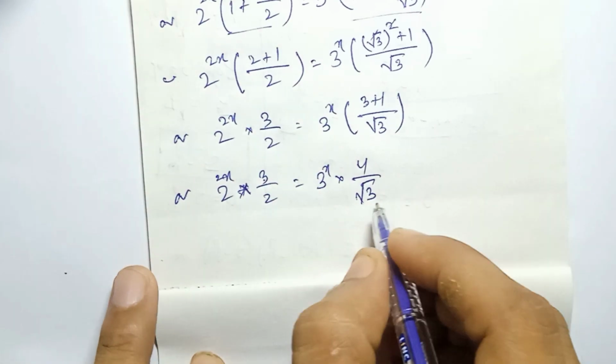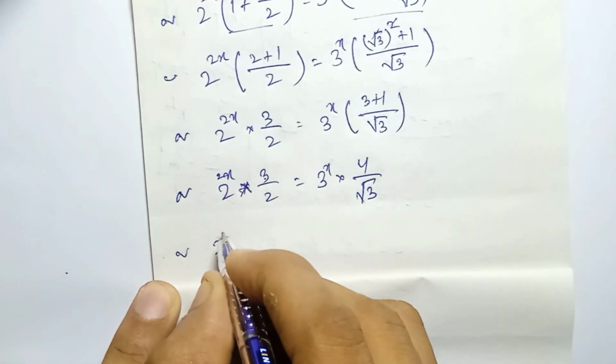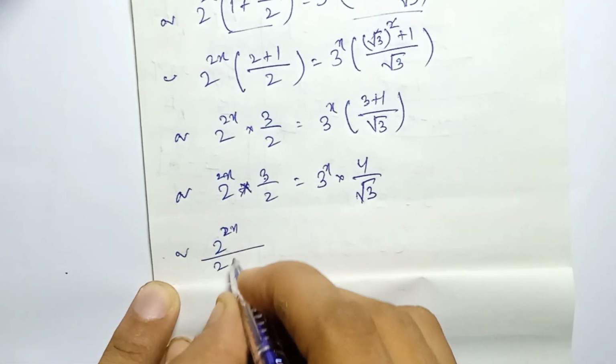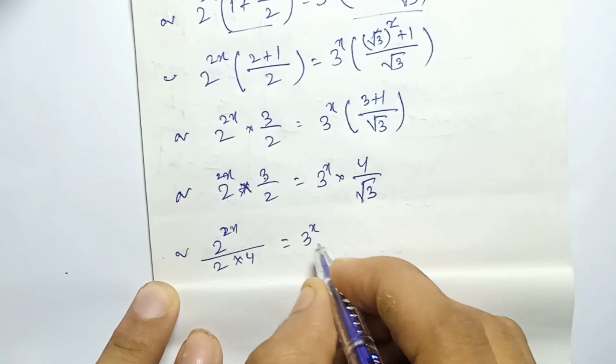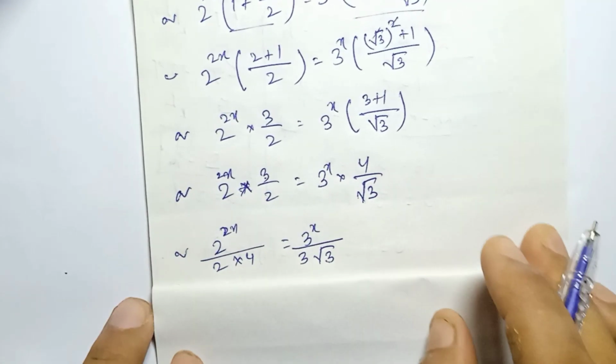Now take this 3 to the right side and this 4 to the left side, so this will be 2 to the power 2x divided by this 2, and this 4 will appear in the denominator. Same as here, 3 to the power x divided by this 3 in the denominator, 3 root 3.